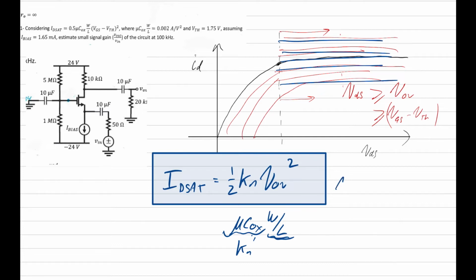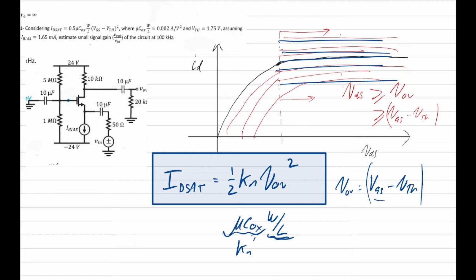And the overdrive voltage is just the voltage of the gate source minus the threshold voltage. Because remember, if the gate source voltage is not greater than the threshold voltage, then there's no channel inversion that occurs, and no electrons can actually flow between the source and the drain. So beyond this point, it actually creates the channel.